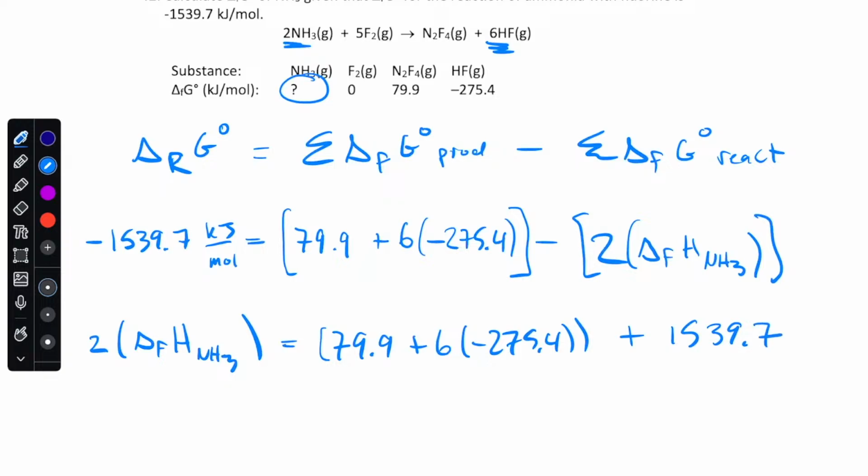And that equals negative 32.8 kilojoules per mole. So that means the delta F of formation of NH3 has got to be half that. Minus 16.4 kilojoules per mole.